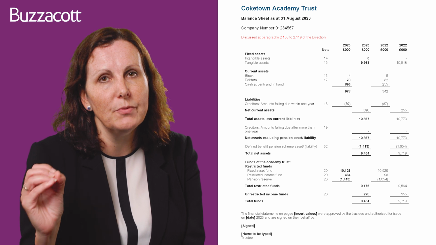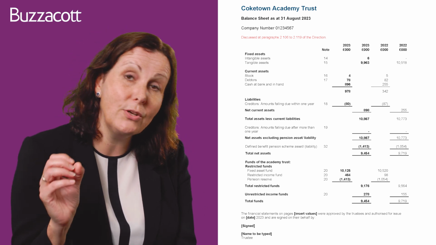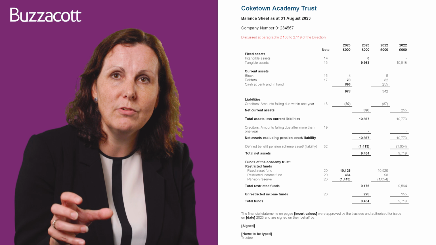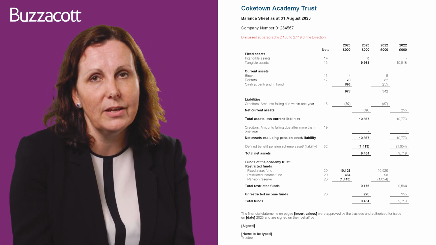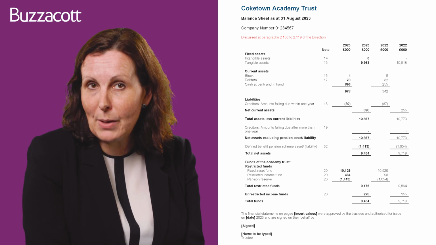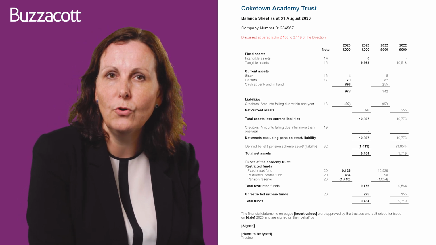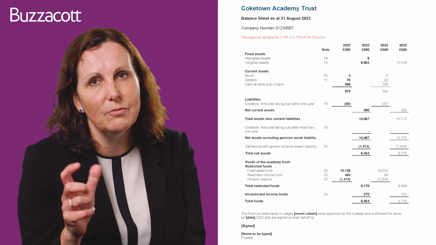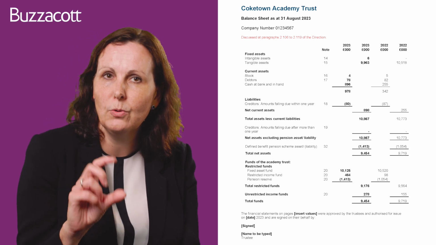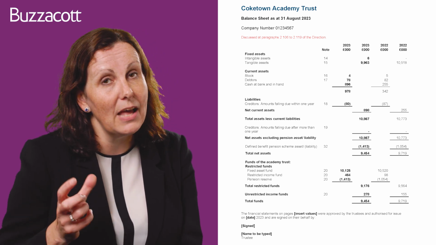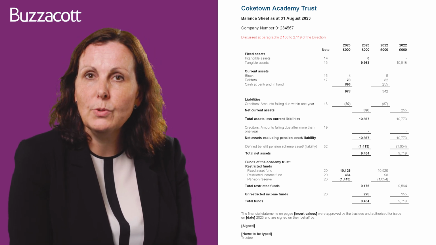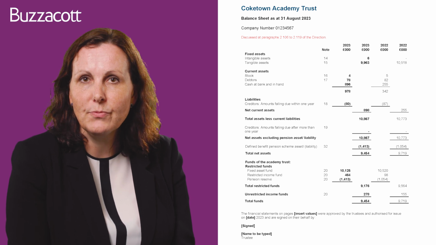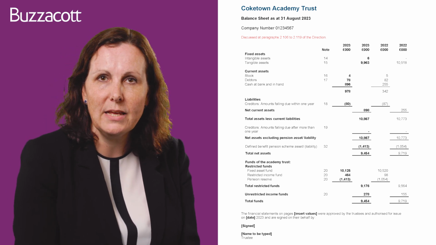And when you look at the bottom of the balance sheet, this is where you can actually see that the restricted general fund was made up of a restricted income fund of 464,000 less a pension reserve of 1.4 million. So the pension reserve you can see here is exactly equal to the pension liability, and that will always be the case.